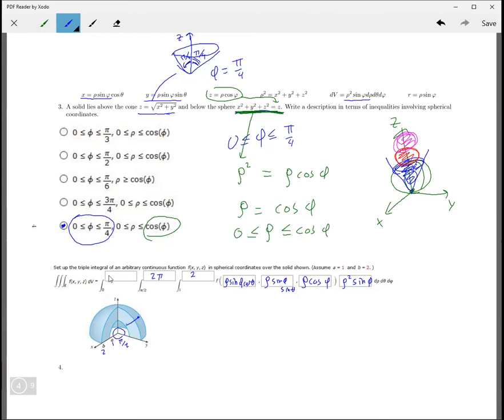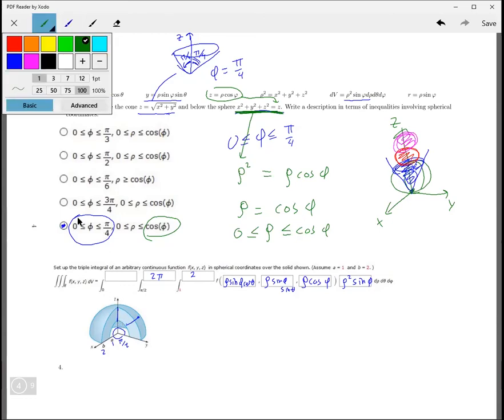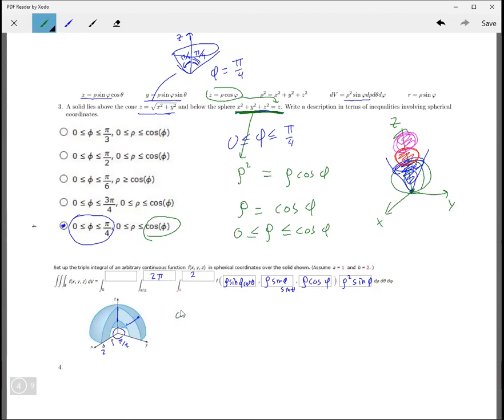And then phi, this is phi equals 0, and it's coming down in all these different directions, and it's going to pi over 2. So this angle from the positive z-axis down to the positive x-axis is pi over 2.